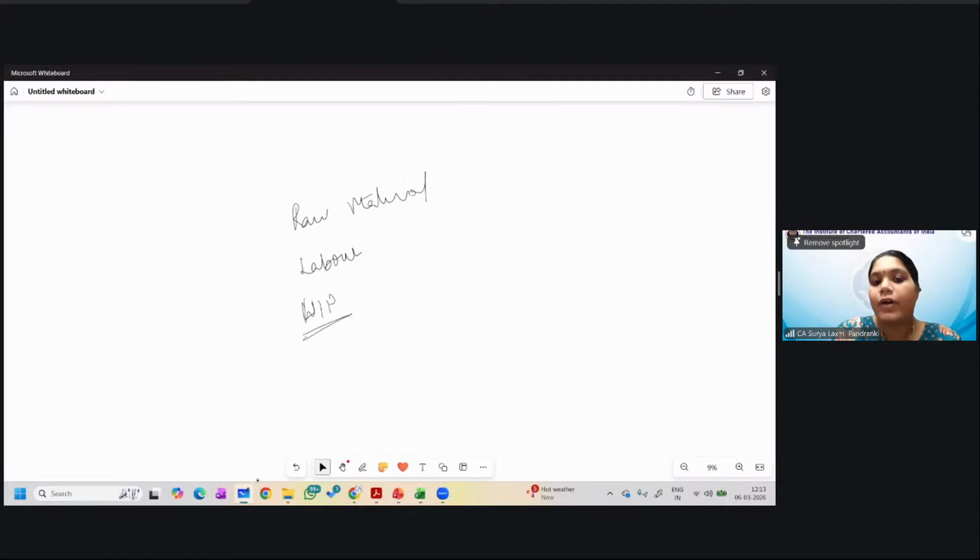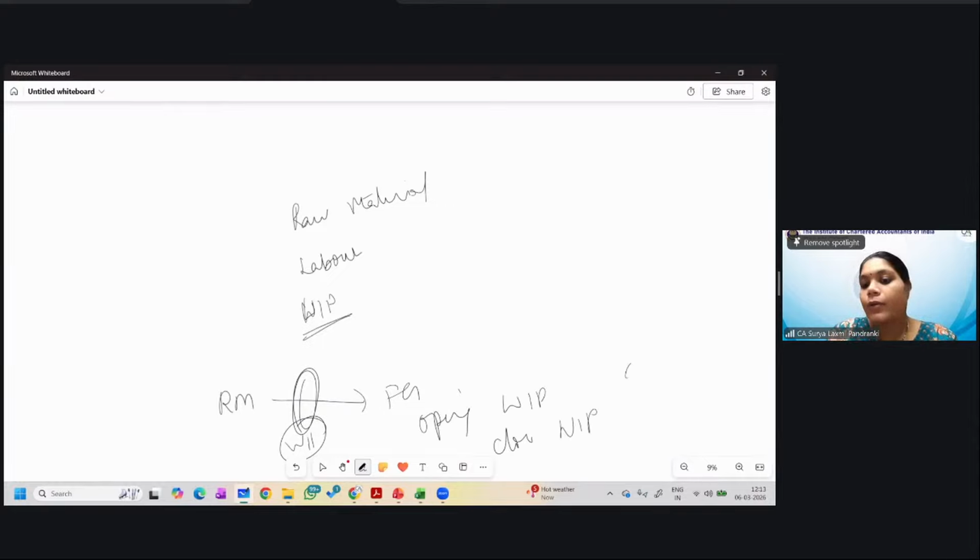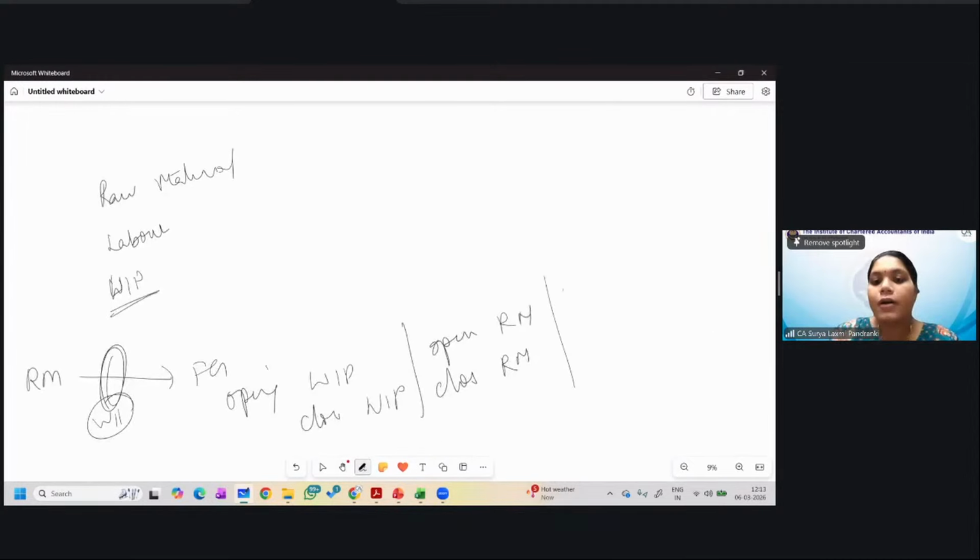What is this WIP? Work in progress, right? Some raw material will be converted into finished goods, but if they are in between, they are called WIP. So you might have opening WIP and closing WIP, opening raw materials and closing raw materials, and you will also have opening finished goods and closing finished goods.